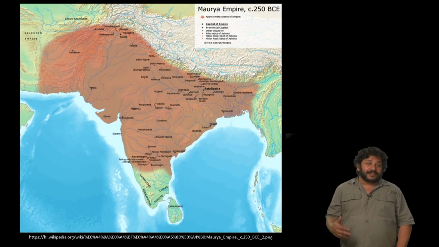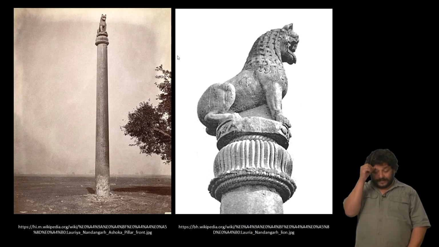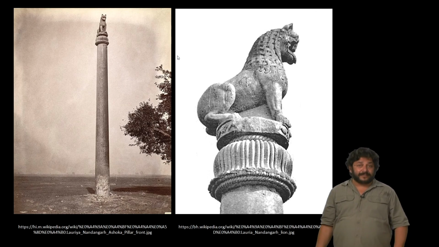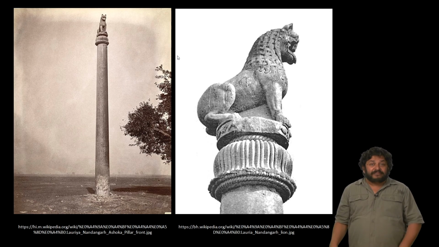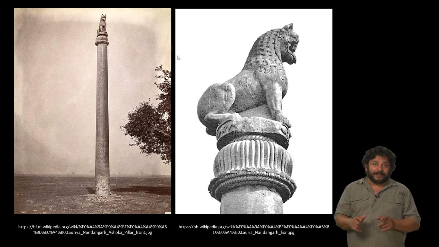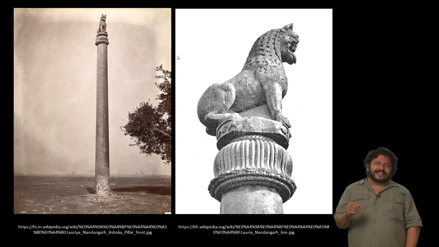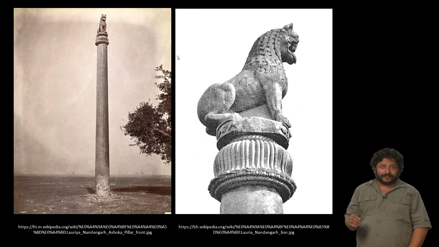His embrace of Buddhism means he will not fight wars anymore, but set up edicts and columns all across India, like this one, which is at Lauria Nandangad in Bihar. The famous capital, which is used as the emblem of the Republic of India, is also an Ashokan capital, the Four Lions. Where does the inspiration for these kind of monuments come from?